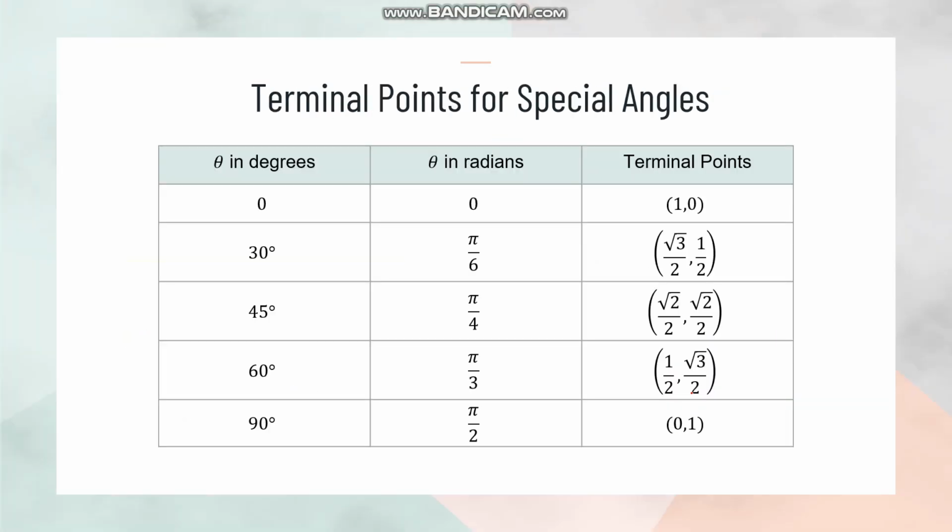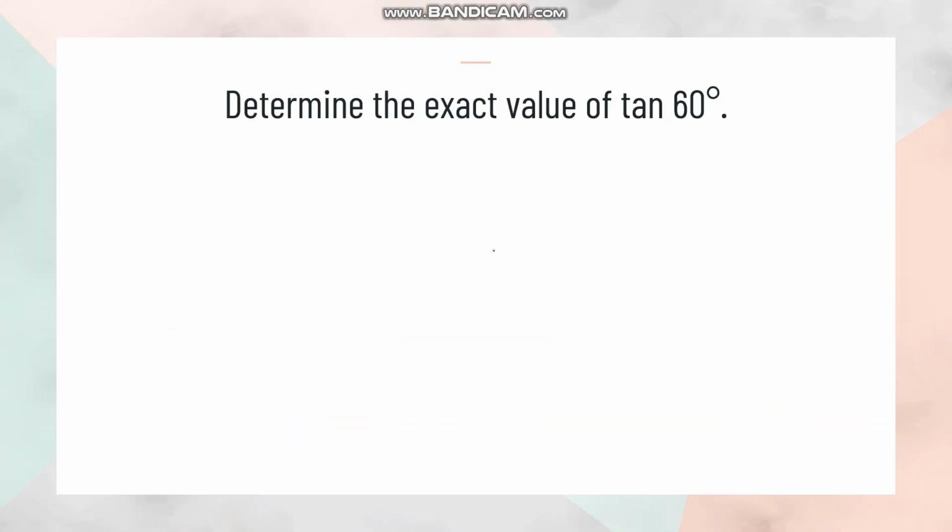If we go back to the table that I presented to you, for 60 degrees the terminal point will be 1/2, square root of 3 over 2. So let's write here P of theta is equal to 1/2, square root of 3 over 2.